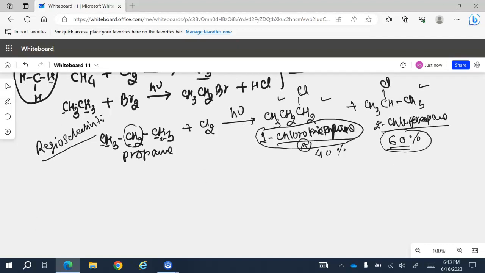In this case, we need to look at the mechanism for the formation of both types of product and what type of radical is generated. Before we discuss that, we need to be familiar with the different types of free radicals. If we have a carbon that is connected to no other carbon, all three are hydrogens, and there is a radical there, we call that a methyl radical.